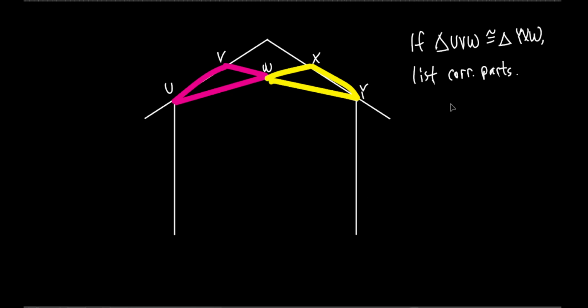So we want to list the corresponding parts. Okay, which parts are equal to each other? Well, let's go back to this. All right, so what's equal to each other here? It tells you right here that triangle UVW and triangle YXW are equal to each other, or congruent to each other, sorry.